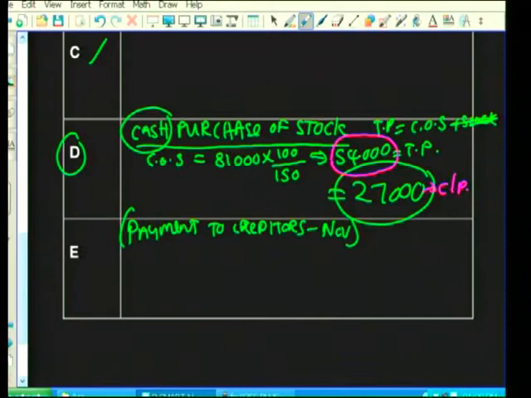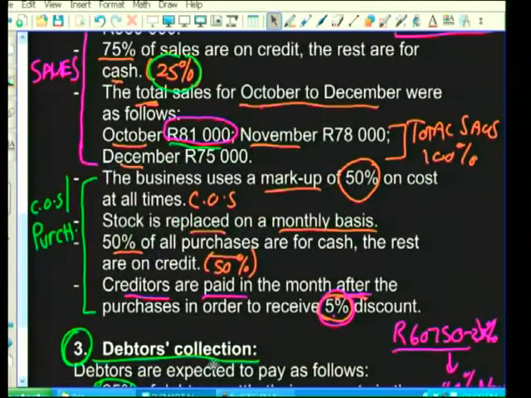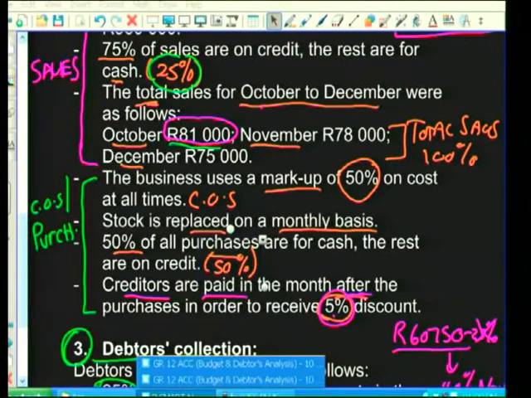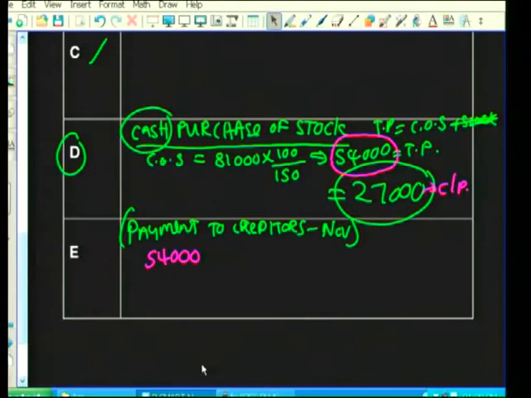So my total purchase was 54,000. So I'm going to write that down, 54,000. And let's now go to the information itself one more time. I'm looking for what was my credit purchase. 50% of all purchases are for cash, the rest are on credit, so 50% is also on credit. So 54,000 times 50% gives me 27,000.